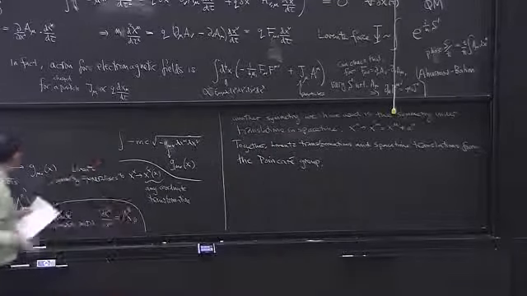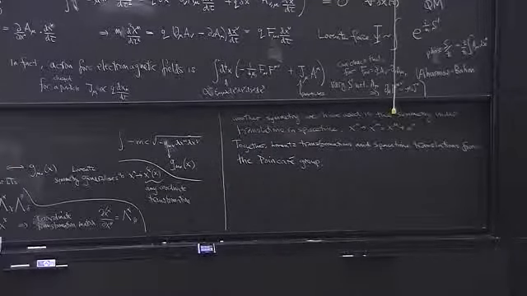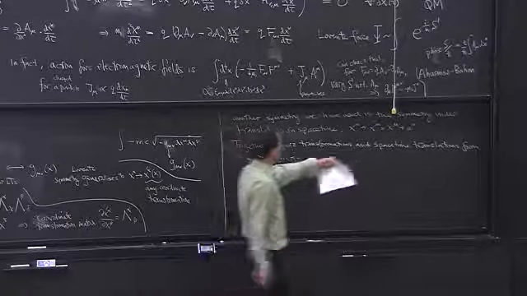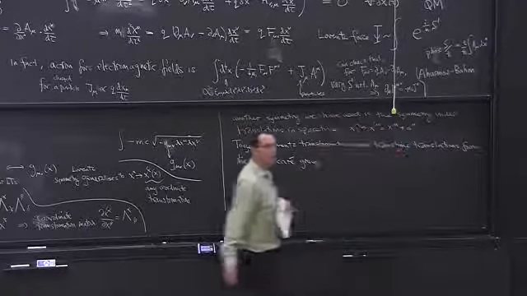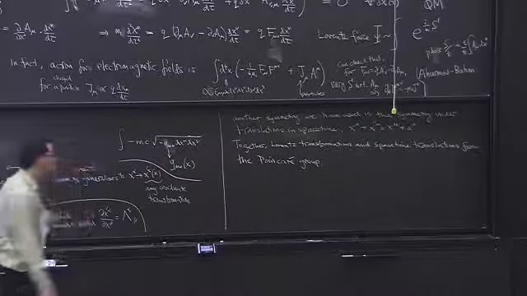So the set of all Lorentz transformations, i.e. constant matrices satisfying this condition, and translations form the Poincare group.